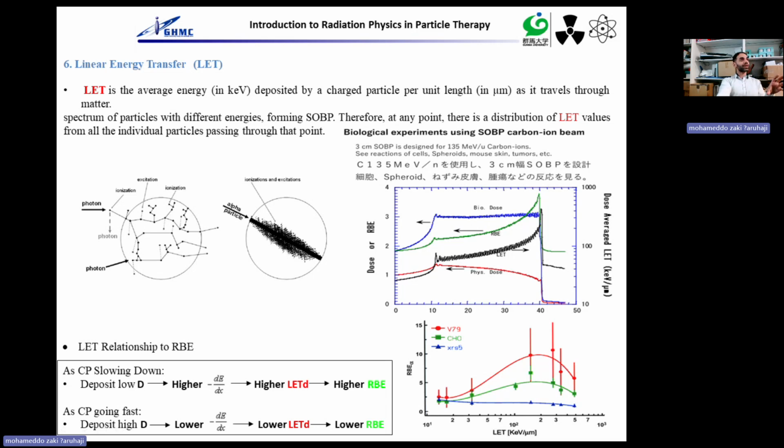So maybe it cannot cause the required damage to kill or damage the cell.